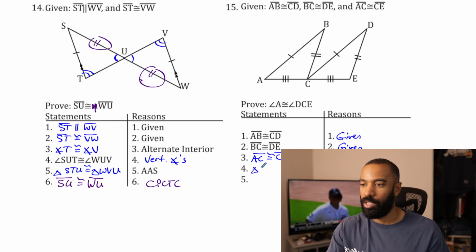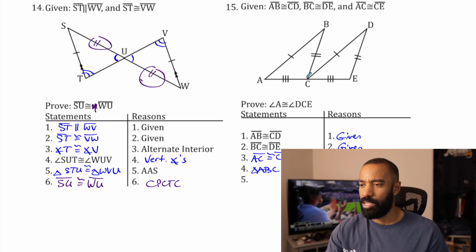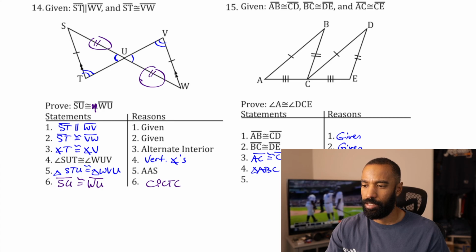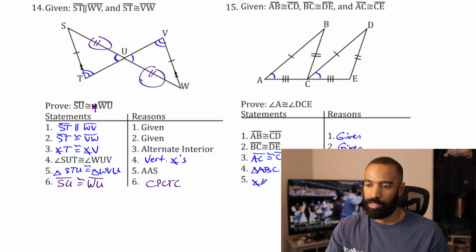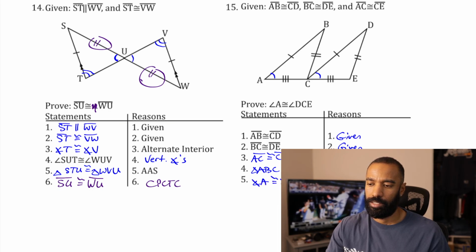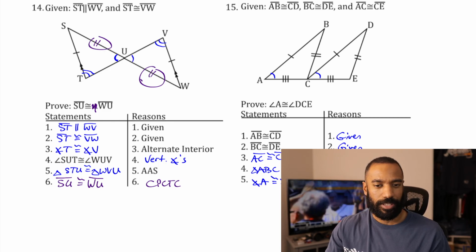We haven't seen that in a while. Let's call it ABC. Congruence triangle by ABC, CDE. By side, side, side. Lastly, that leaves angle A congruent with angle DCE by CPCTC. It's good to end on a really easy one, apparently.